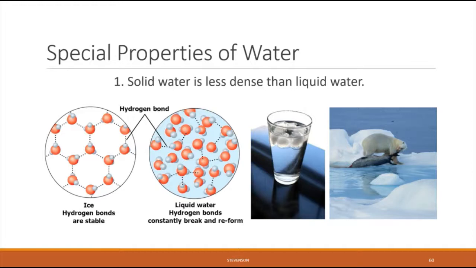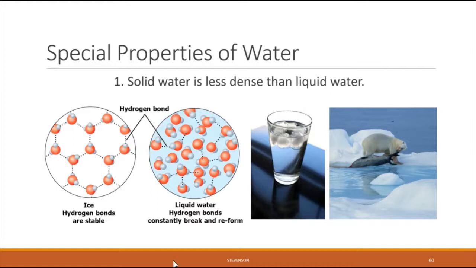This is not normal. The solid form of water, which is ice, is less dense and floats on top of the liquid form of water. With most substances in the universe, that is not the case, and the solid form of that substance sinks to the bottom of the liquid form. The reason why this happens is a result of hydrogen bonding.